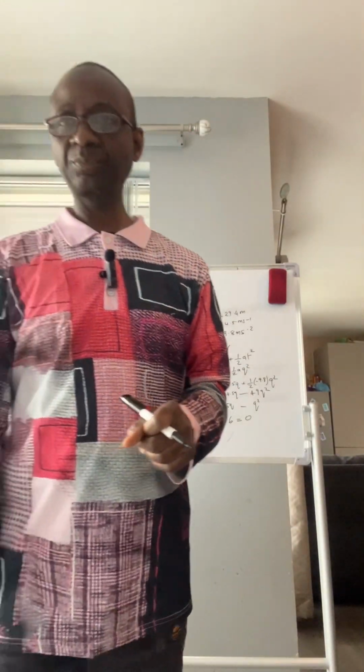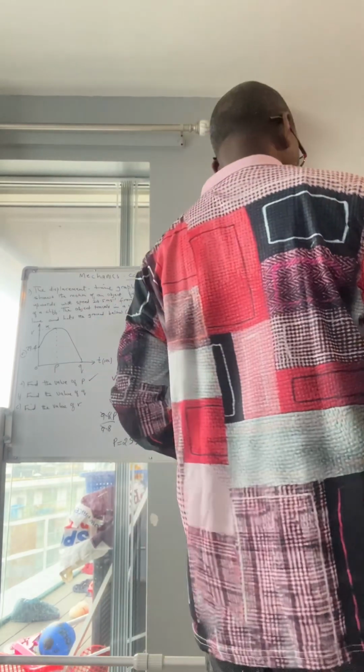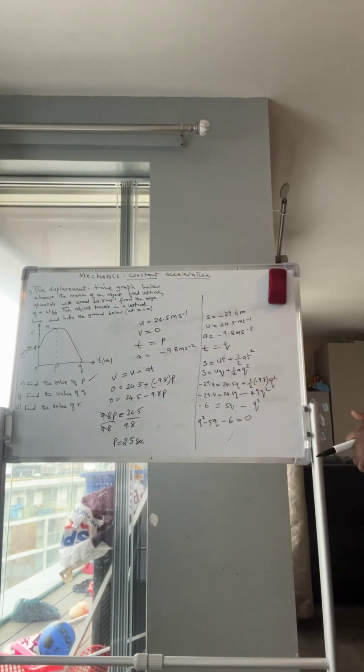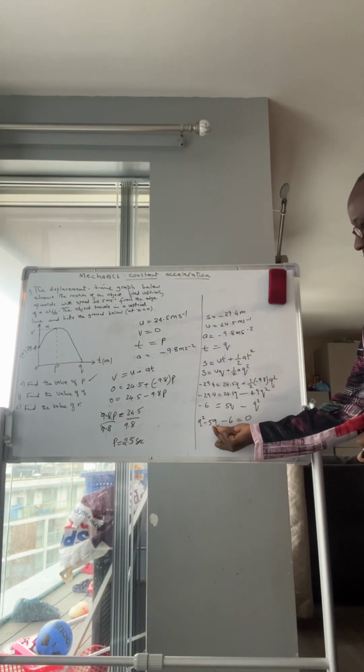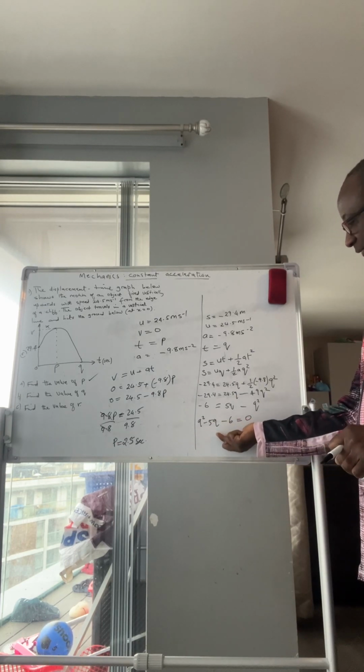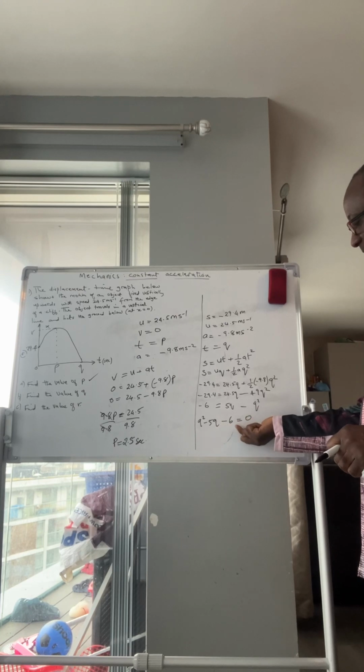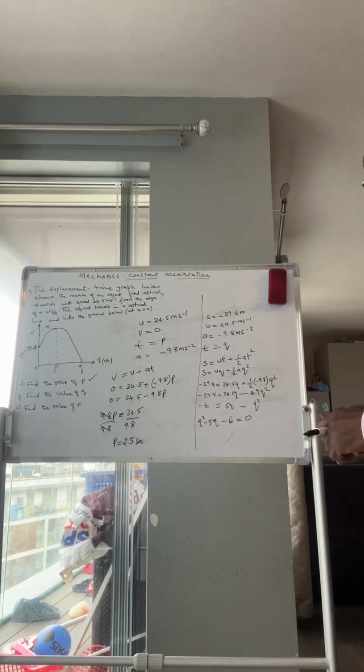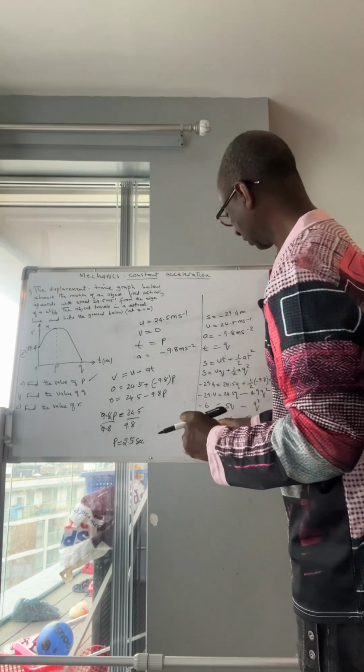We have plenty of them. We've done them before. We started with quadratic equations, so we know how to factorize this. You just find two numbers that you add together, you get minus 5, but when you multiply them together, you get minus 6. What are those two numbers? So you look at 5.